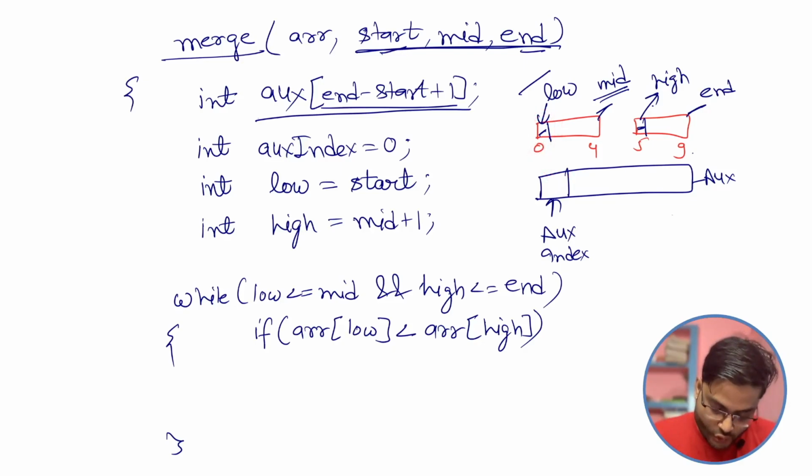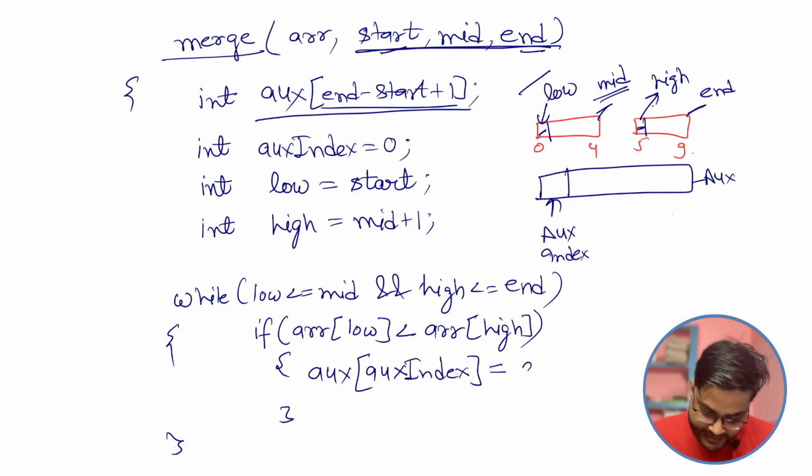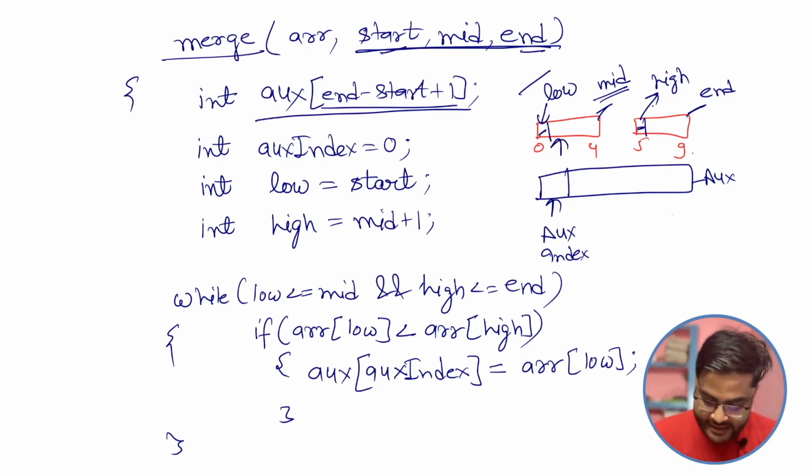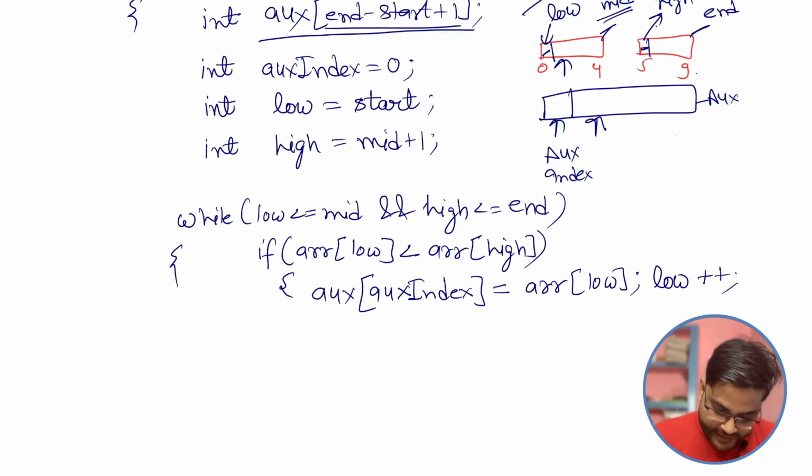So I will store my low element at aux index: aux index equals array of low. And I will increment low, so low plus plus, and increment aux index also, so aux index plus plus.